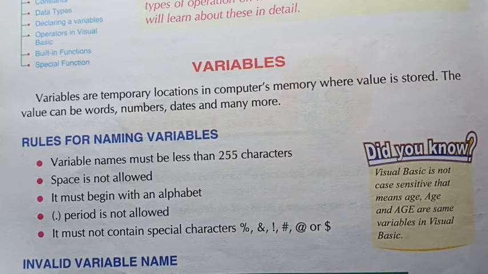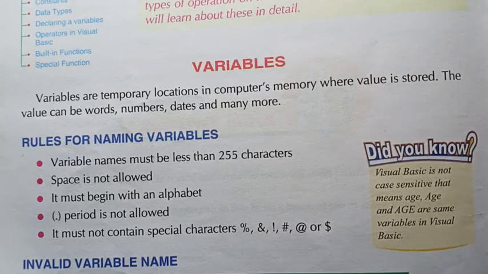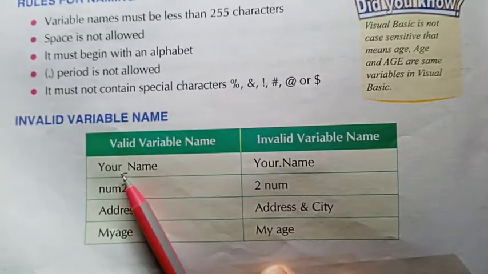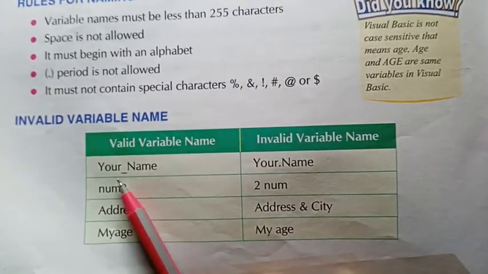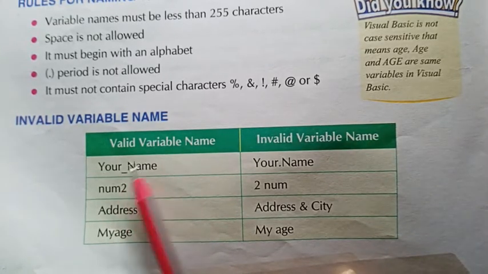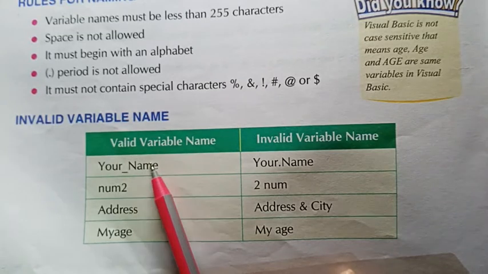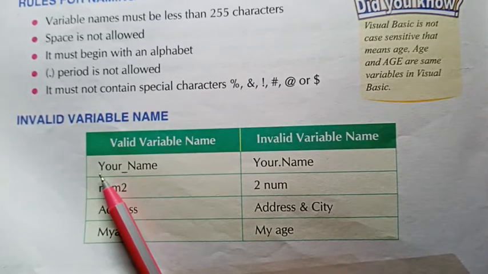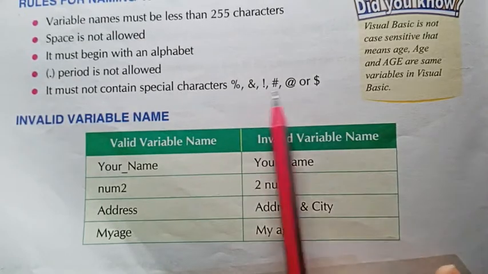Here we are with some examples that show which are valid variable names and which are invalid. In the valid section we have your_name. It's a correct variable name because we have not given a space, we have not given more than 255 characters, we began with an alphabet, and none of the special characters is included.